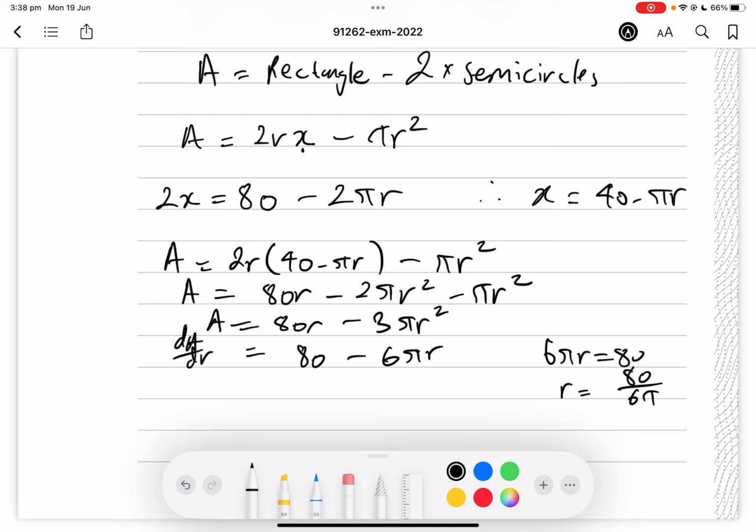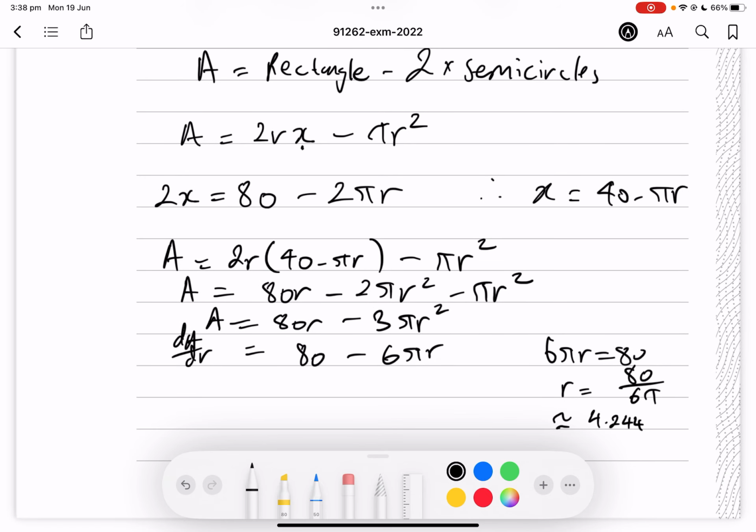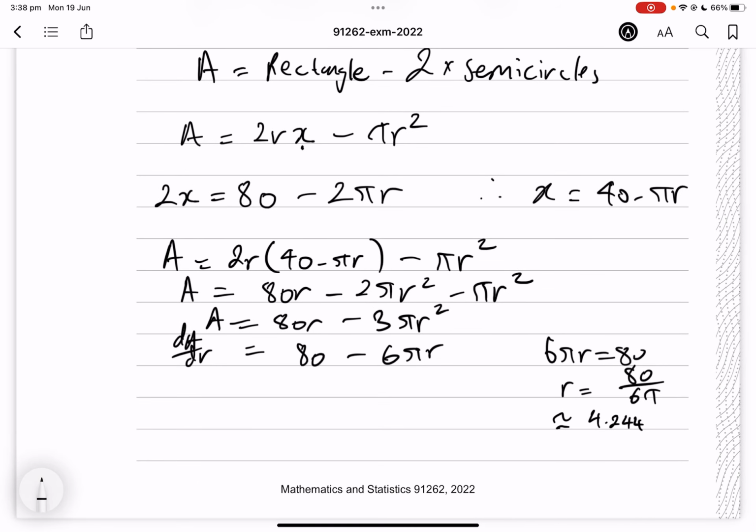So in that case, r is going to be around 4.244, and that's going to be the value for r. So now we're going to substitute back into the area formula in order to find the area.